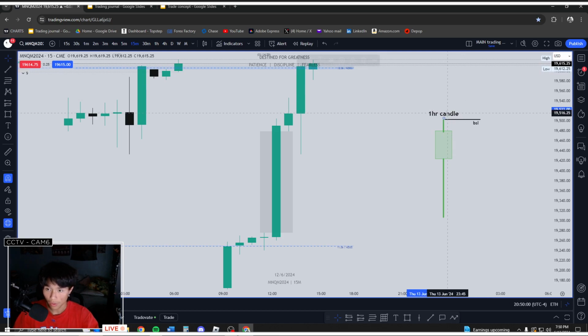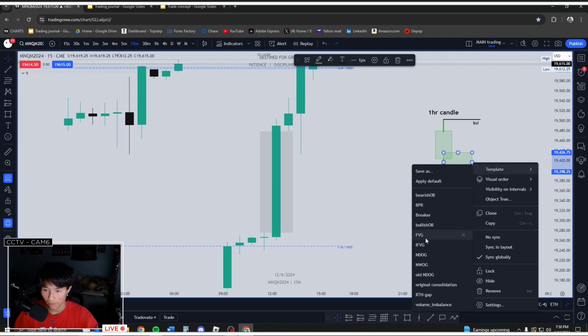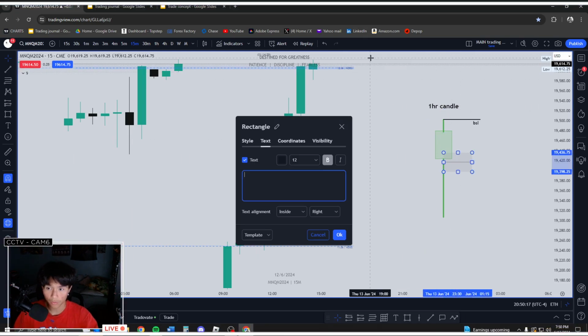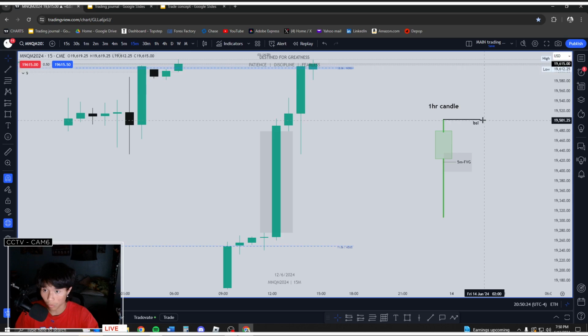If we go into the lower time frames, and let's just say there's an FVG in this candle's body, and it's a 5-minute FVG. There's a 5-minute FVG in that hourly candle, and we're anticipating for this one hourly candle to be noted by buy side.